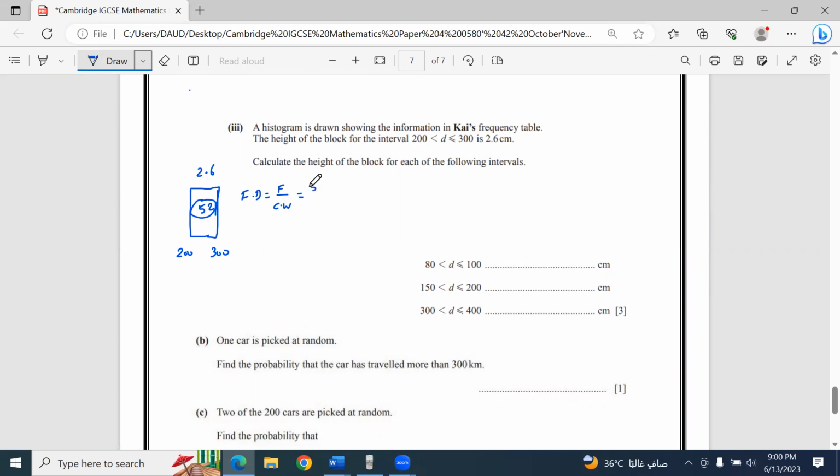Frequency is 52. First, we will try to find out the scale factor, then we are able to find the answer. 52 over class width, and 200 to 300 is 100, gives me 0.52. But remember the height, we know that. And this 0.52 is the frequency density. This is not our last answer.